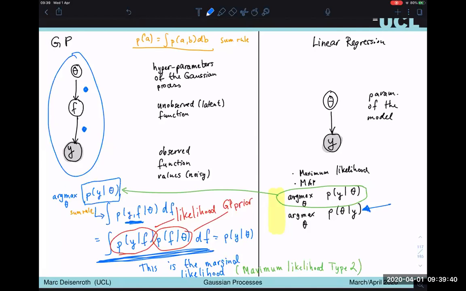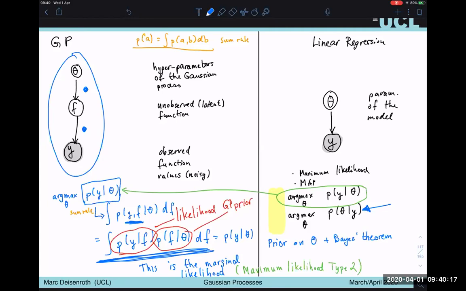In the case of linear regression, we require the prior on the parameter. Exactly. So we require a prior distribution on theta, and then we use Bayes' theorem, which will allow us to derive the MAP estimator.